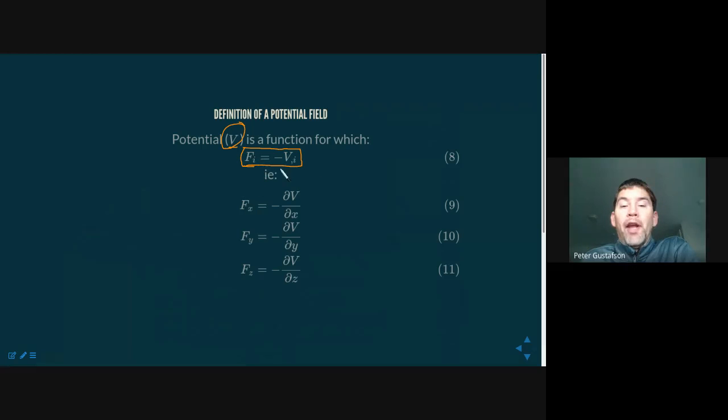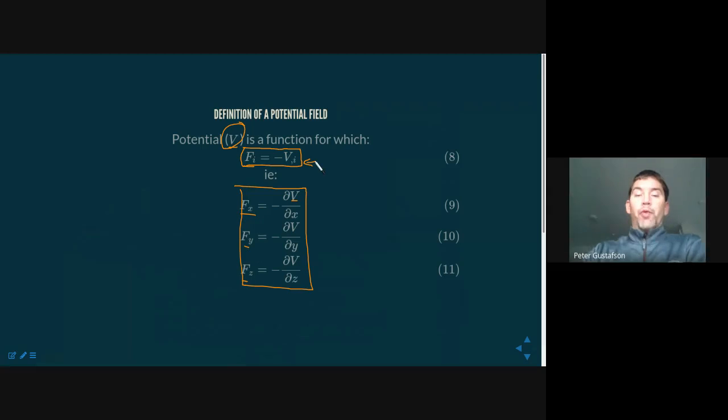So expanding that out, by the way, this is a notational scheme where i can vary from 1 to 3, meaning x, y, and z. So the force in the x direction is minus the derivative dV/dx. F in the y direction is minus the derivative dV/dy, and F in the z direction is equal to minus dV/dz. So this is what a potential equation is, where V is the potential function, and the generalized set of forces that fall out when you do the derivatives come from this definition of a potential function in a conservative field, a non-dissipative field.